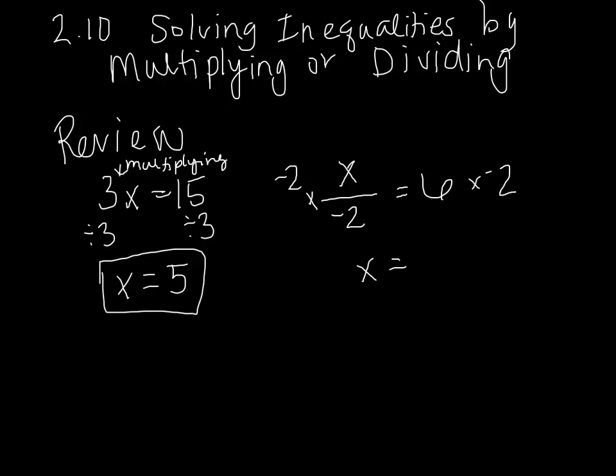And 6 times a negative 2: if I have a positive number and a negative number, my answer is always going to be negative. If they're opposite signs, my answer is negative. If they're the same signs, my answer is positive. And then I just need to multiply 6 times 2 and get 12.